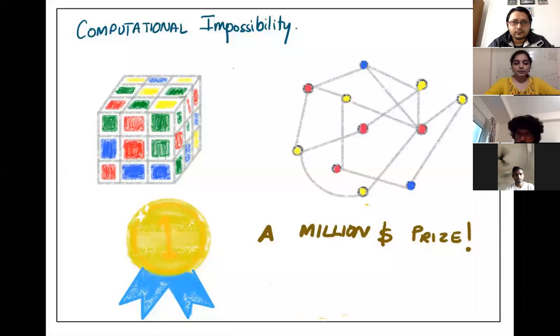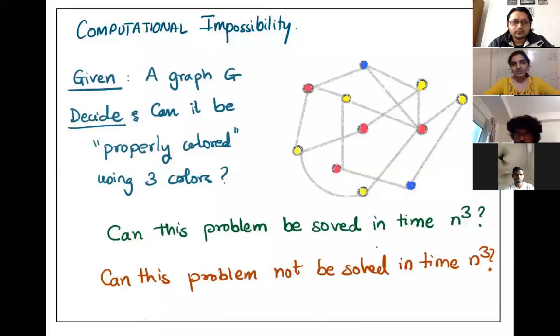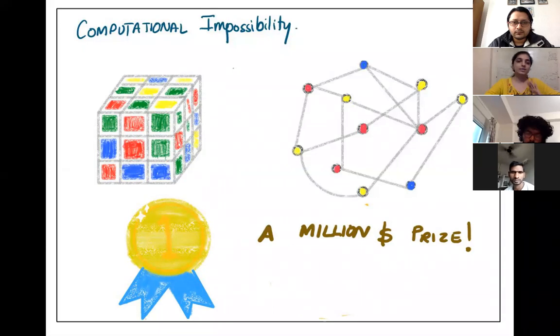But if you answer any one of the two questions, so either you give a positive answer by designing an efficient algorithm that solves this problem in time n cube, or you show somehow by proving impossibility that this problem is not solvable in time n cube, for either one of these answers, you will receive $1 million. Most people believe that, in fact, it is not solvable in time n cube. And there is a whole $1 million prize attached with this.